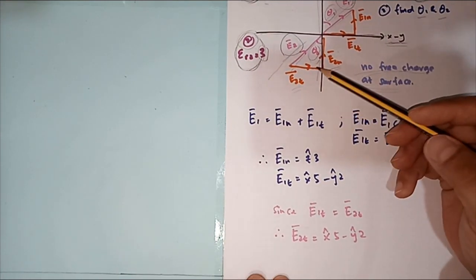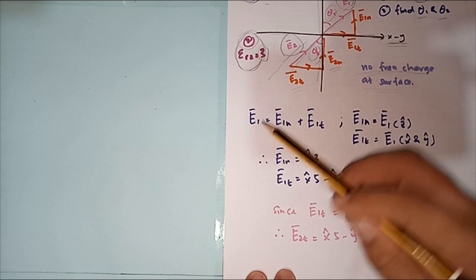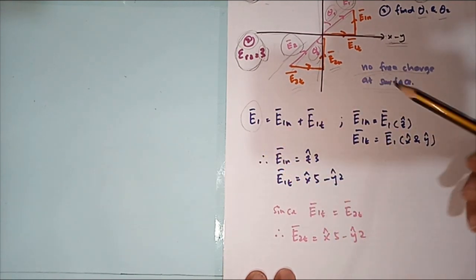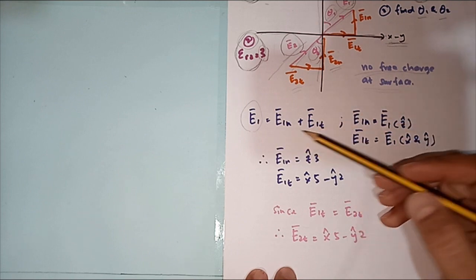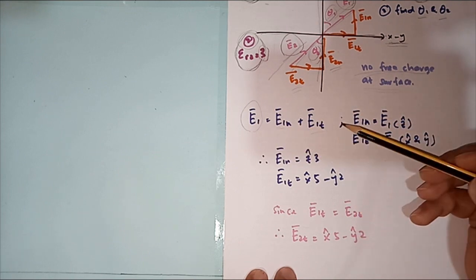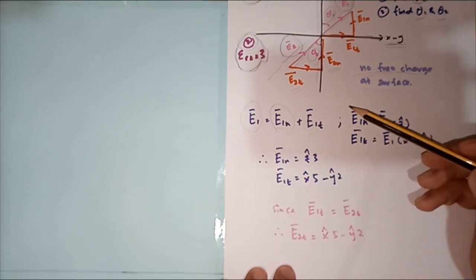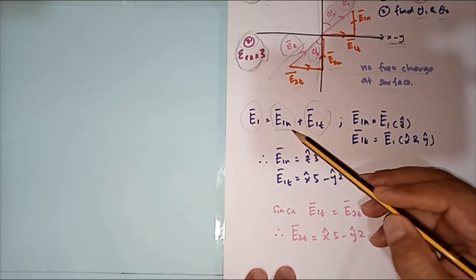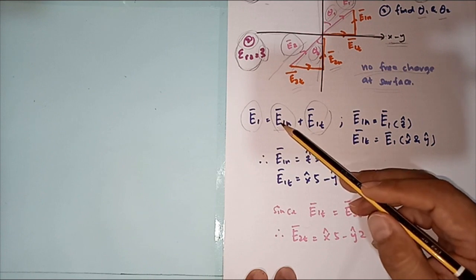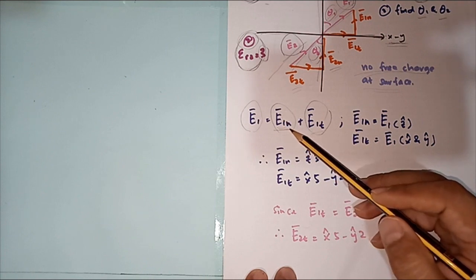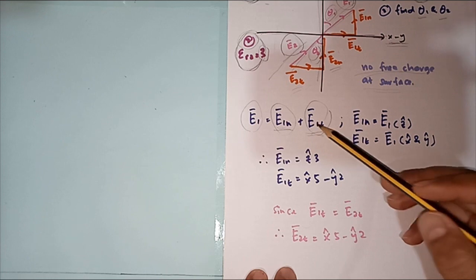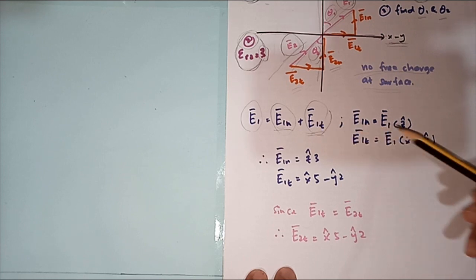So the vector of E1 can be represented into its two components, which are the normal component and the tangential component. The normal component is represented by the vector of E1n, and the tangential component is represented by the vector of E1t.